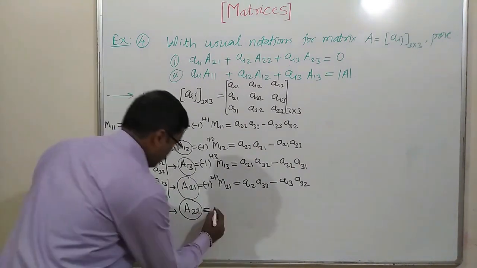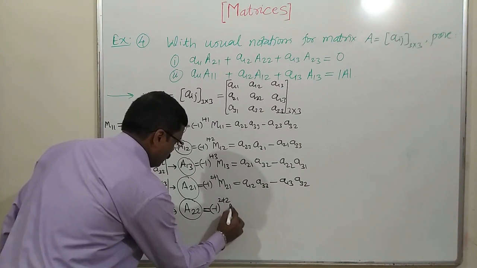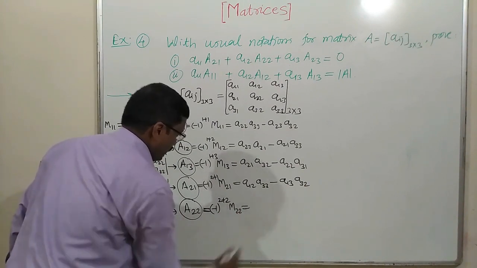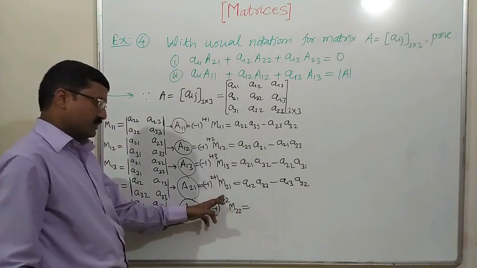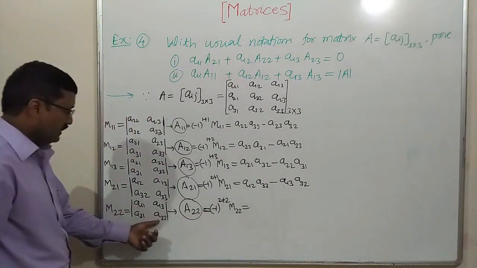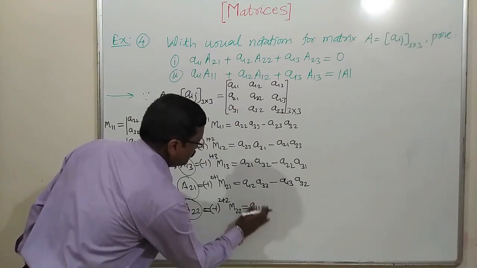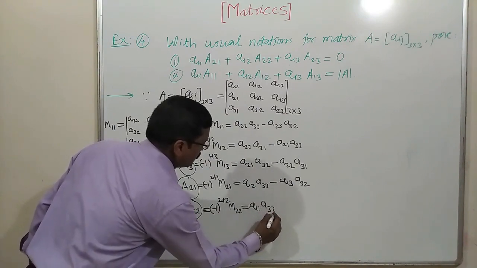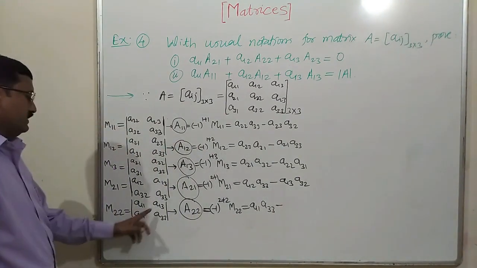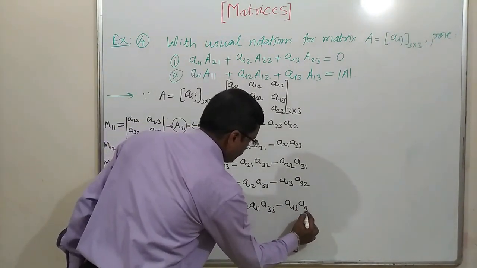It is equal to minus 1 raised to 2 plus 2 into M22. This power is 4, so positive M22, that is a11 a33 minus a13 a31.